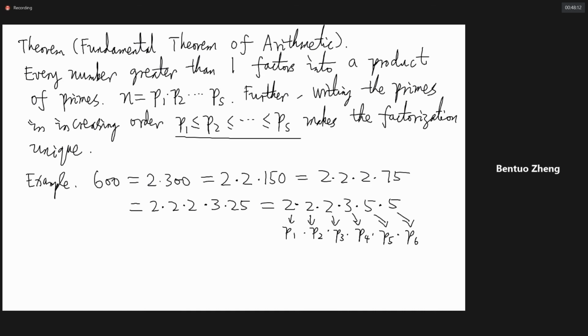Okay, so this is exactly what the fundamental theorem of arithmetic says. Before we prove it, we need 2 lemmas. The first lemma tells us that if a prime number divides the product of 2 integers, then the prime number should divide one of these components.